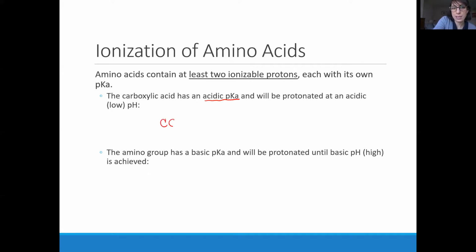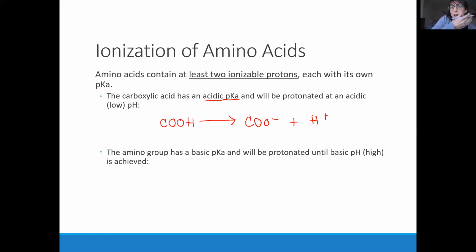So COOH will go to COO minus and give away its H plus. So again, it has a very acidic pKa. What does this mean?